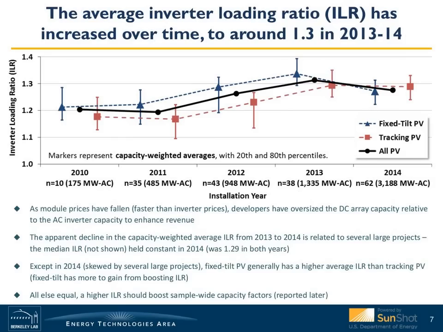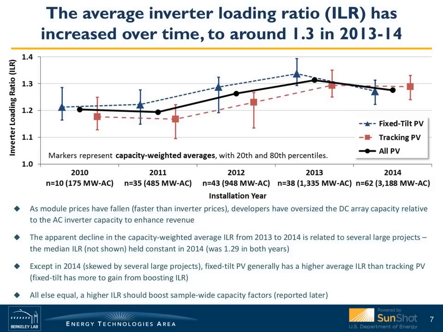On this slide now, I want to talk about the inverter loading ratio, which is the simple ratio between the capacity in DC terms, measured by us by nameplate capacity of modules, and the nameplate capacity of the inverter in AC terms.